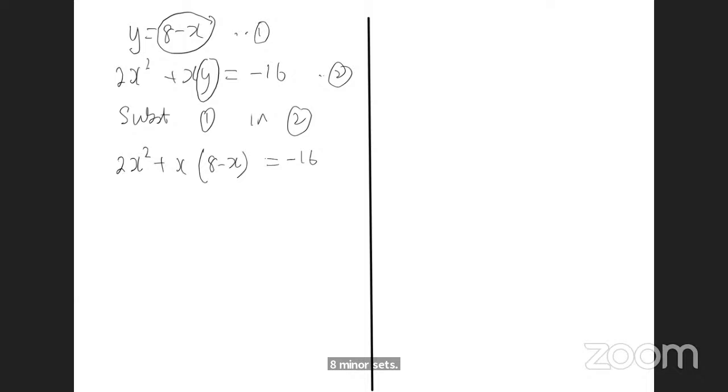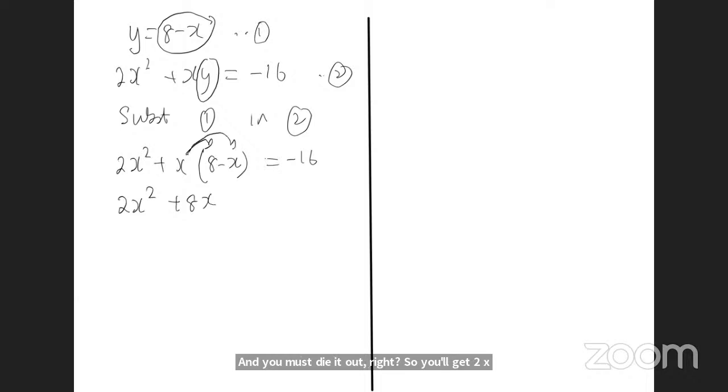Right? Some people substitute the wrong thing. They told you what y is, so you're taking off y in the next equation, and you multiply it out, right? So you'll get 2x squared plus 8x, x by 8 is 8x, x by minus x is minus x squared. And bring the minus 16 across, and you'll get plus 16.